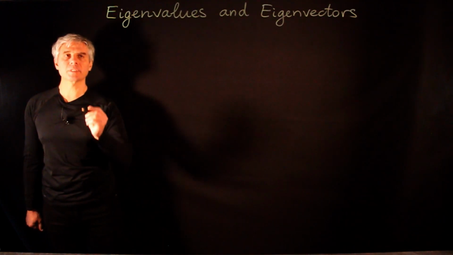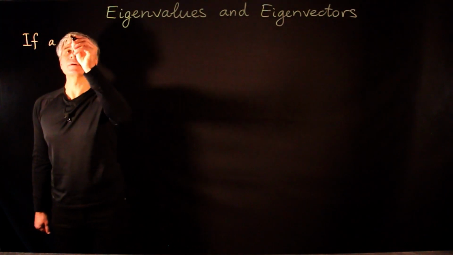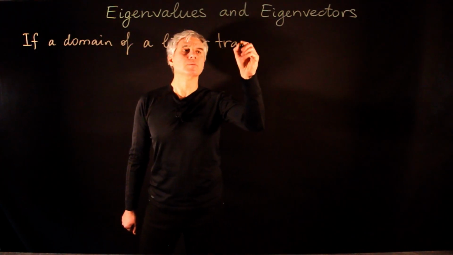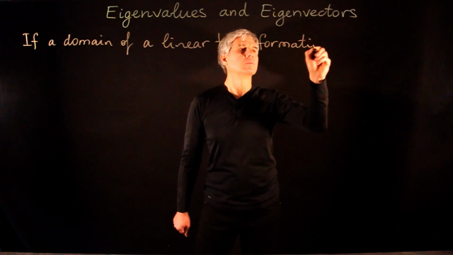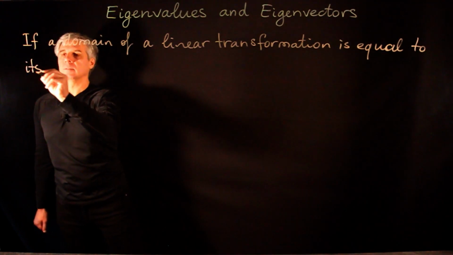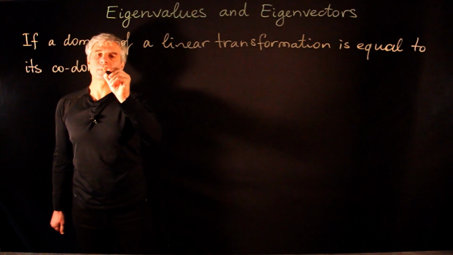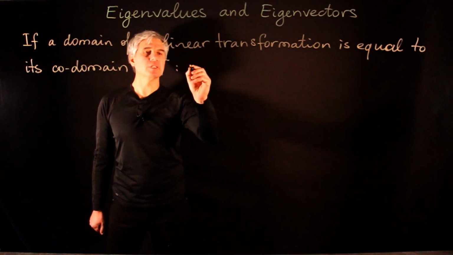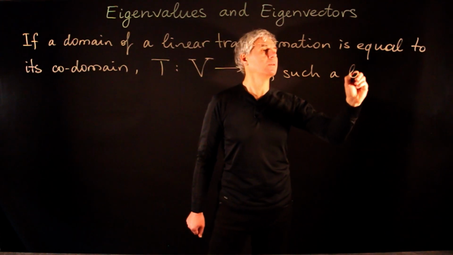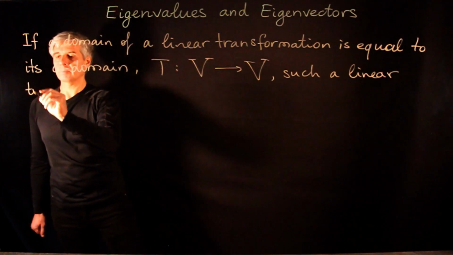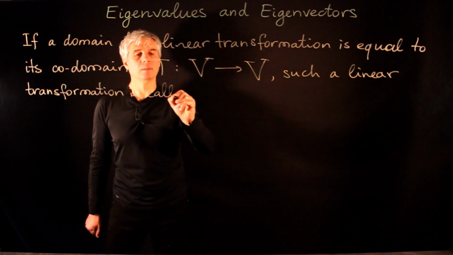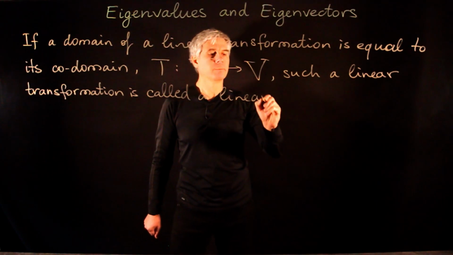We begin by introducing the following terminology. If a domain of a linear transformation is equal to its codomain, or the target space, so we have a linear transformation T from some vector space V to itself, such a linear transformation is called a linear operator.